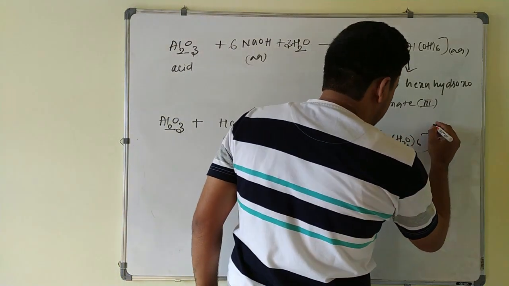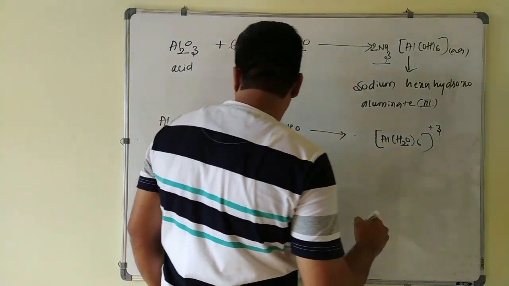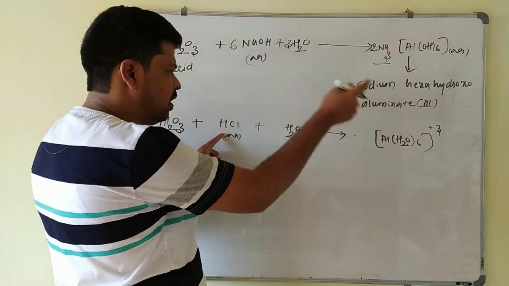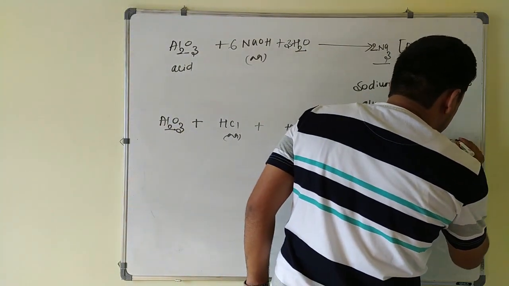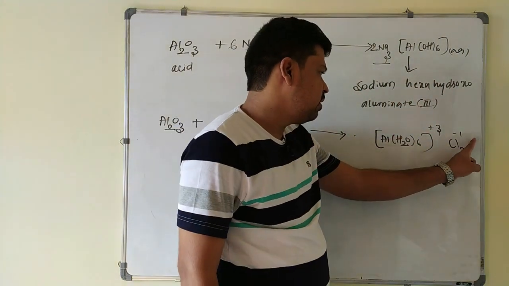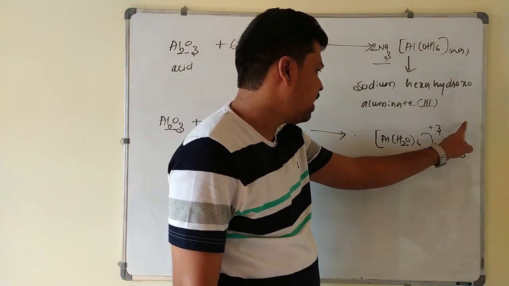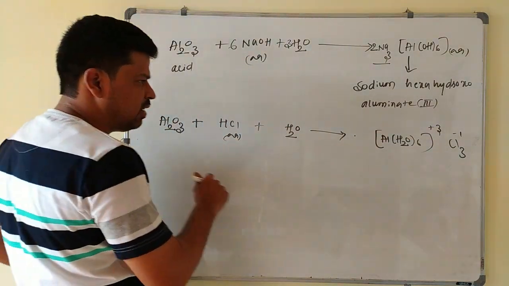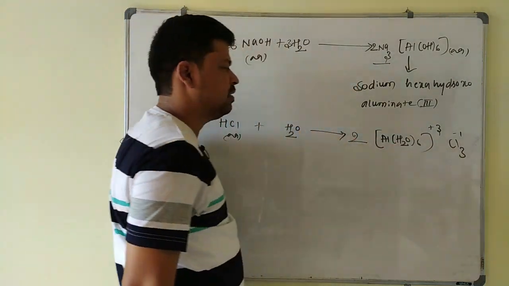So the total charge on the complex is +3. In order to balance the +3, remaining chlorines are written outside, that is Cl3. Each chlorine is -1, so 3 chlorines are there, this is +3 and this is -3. 2 aluminums are there, you write this complex 2 times, that's it.